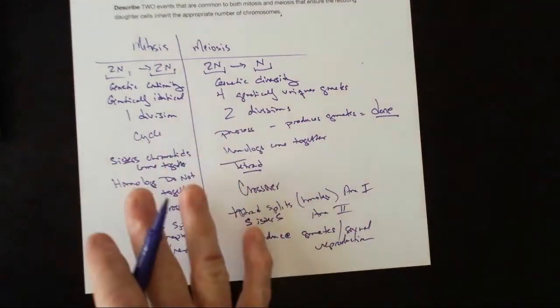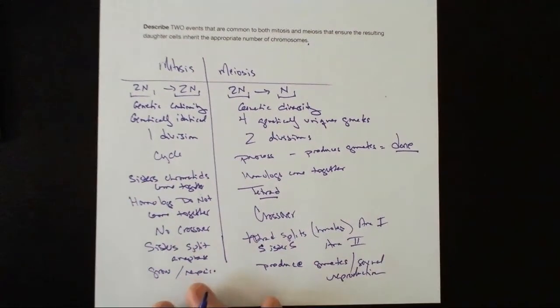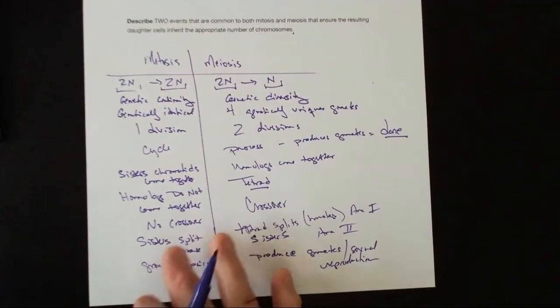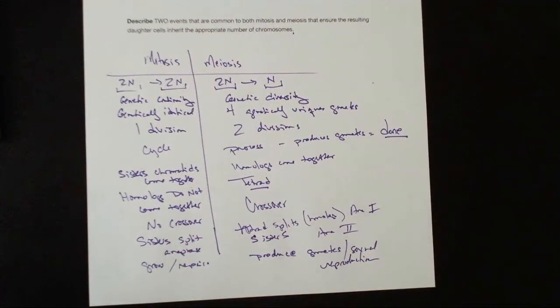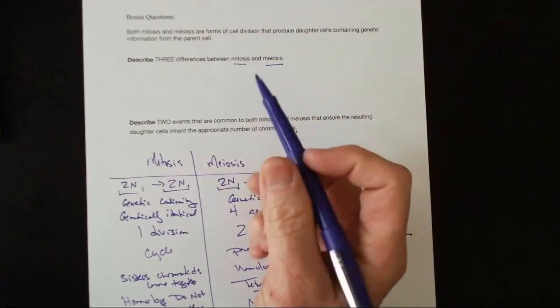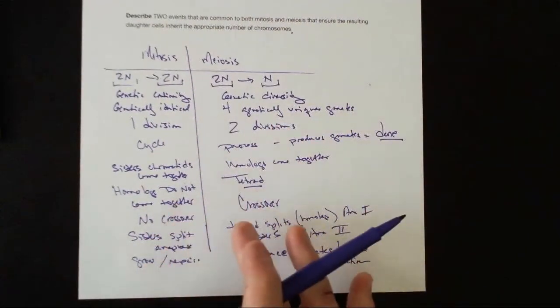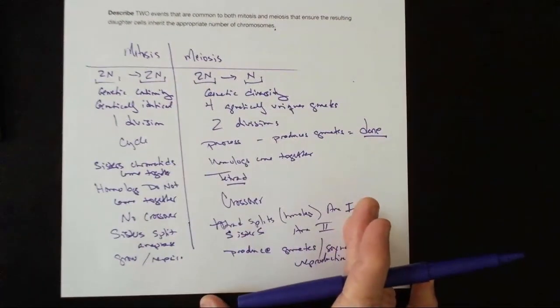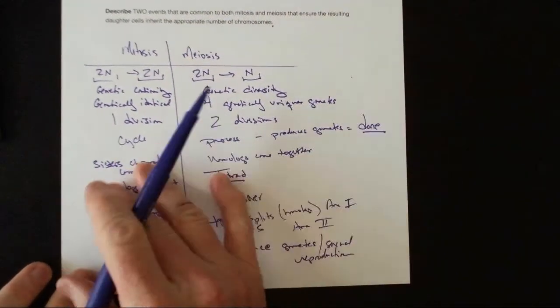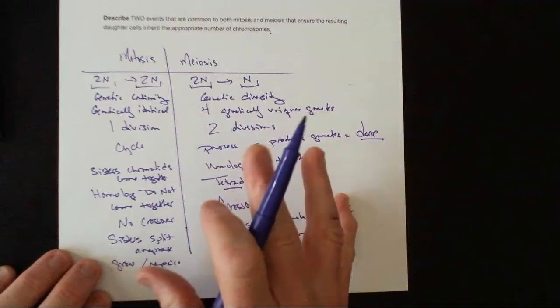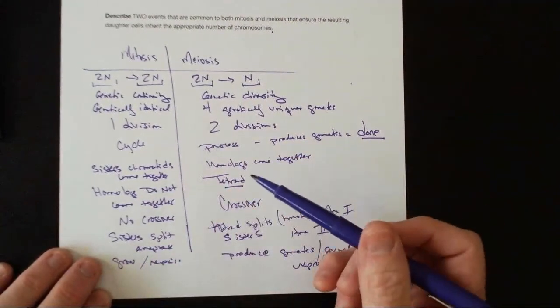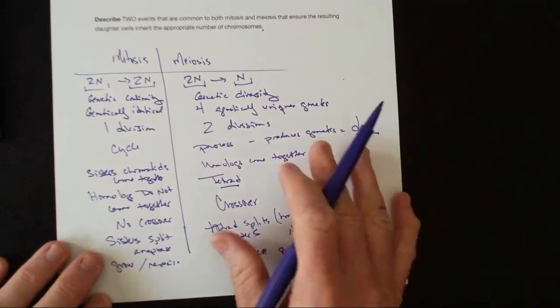So you have a lot of differences here. You have a lot of differences to choose from. If you had this question right here, write down 3 differences. You could take any three of these things that you see here and give some specific information about that. You could actually give more.